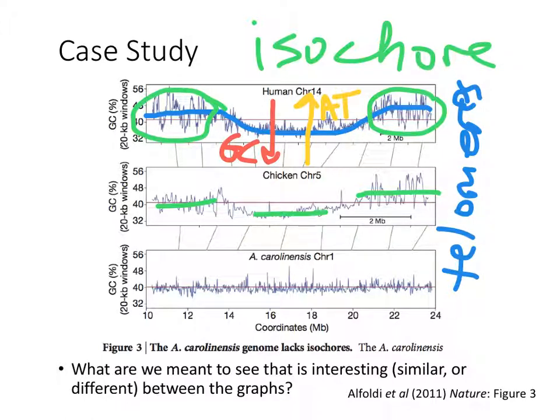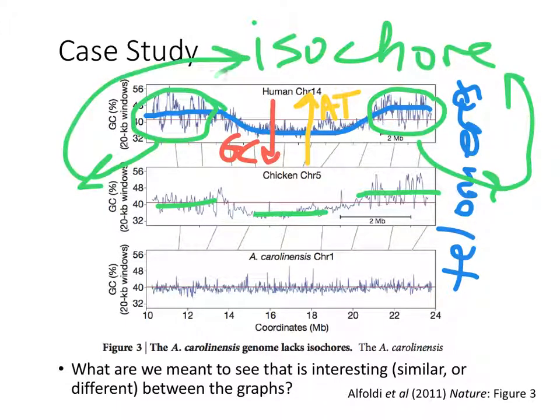So these regions that have lots of G's and C's are the things that are called isochores, just to reiterate that. So an isochore, again, is a region of a chromosome that's defined by this sort of plot that has more G's and C's or more A's and T's than expected, than average, in other words.